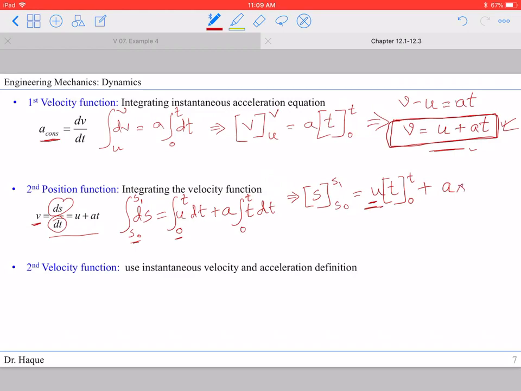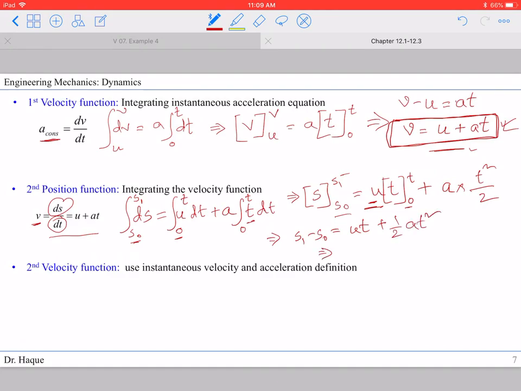So now we have t here, so the integration would be t square over 2. So if we plug those values, we'll get s1 minus s naught equals to ut, because this one is 0, and half acceleration t square.